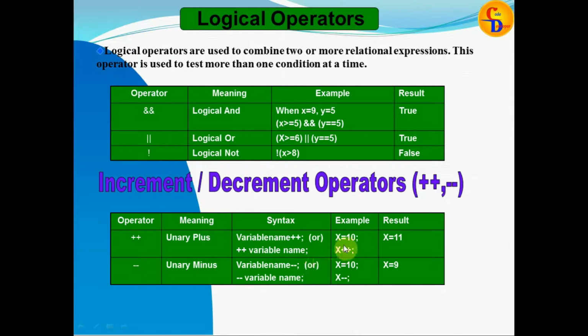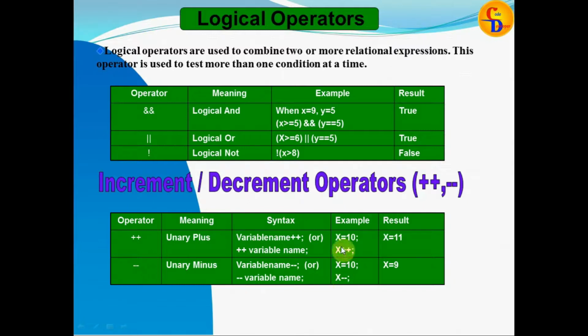So x equal to 10, so x plus plus. First we display the value, after that we increment the value. It is postfix, so x equal to 10, then afterwards it will become 11. First it prints 10 because it is a postfix value.